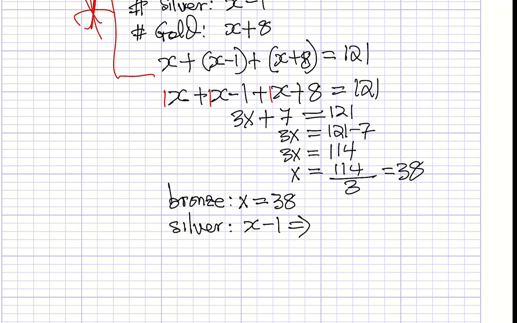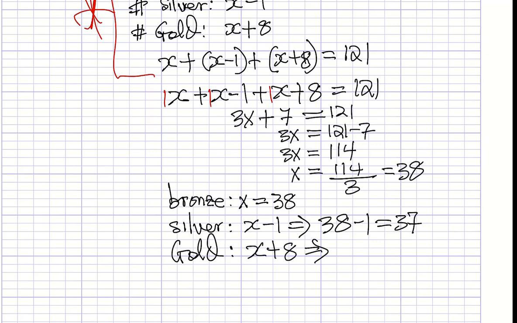That will give you 38 minus 1, you get 37, you see? And then gold medals is x plus 8, that means 38 plus 8. That is 46, right?